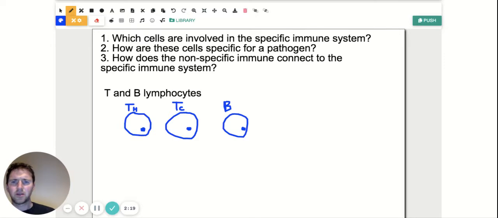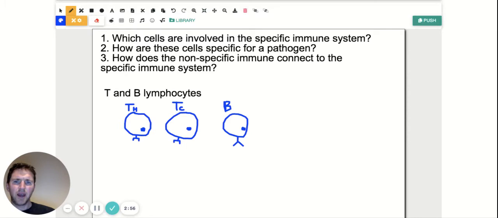But just to talk about these, so these are part of the specific immune system, and what that means is they have receptors on their surface. So these T helper cells have receptors. Cytotoxic T cells have receptors, so they're proteins, remember. And then B cells will actually have antibodies. Again, we'll deal with those in more detail in a further video. But they're proteins on their surface.